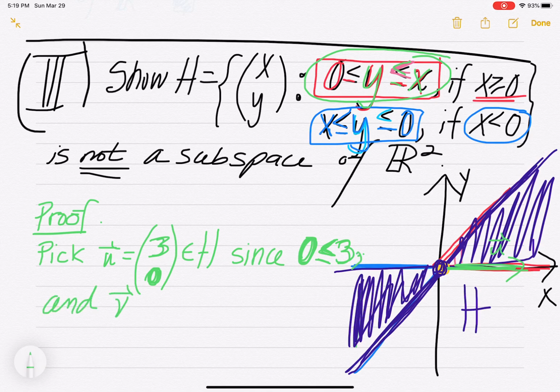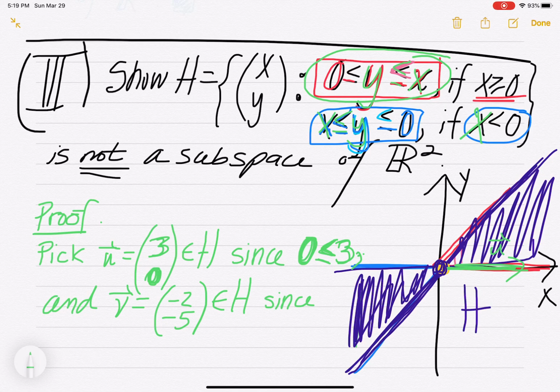Let's come up with the v. I pick my v to be -2, -5. Now, is that in H? I'm going to say yes, it's in H. Why? Well, when you're dealing with negative x values, the x value should be smaller than the y value. So what is my x value?